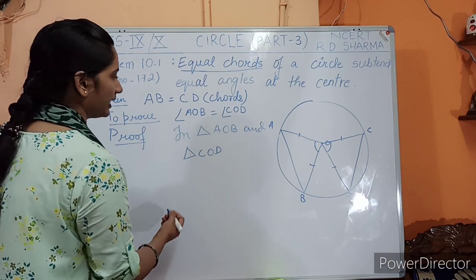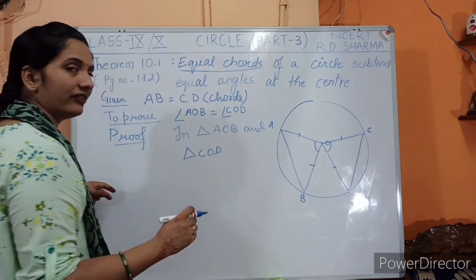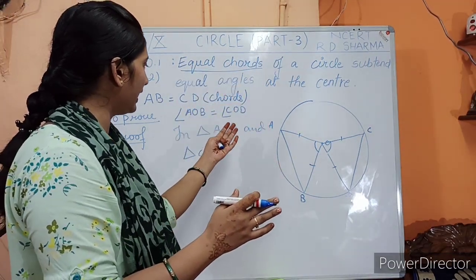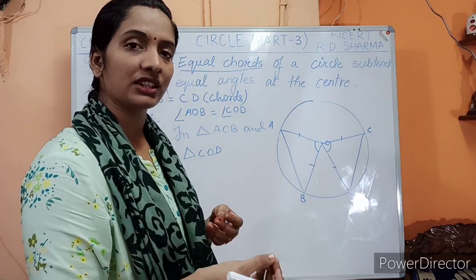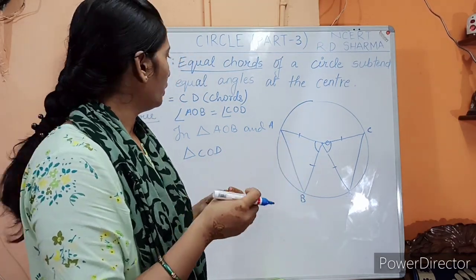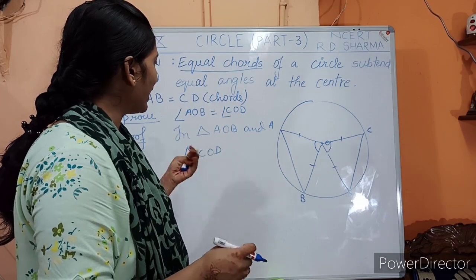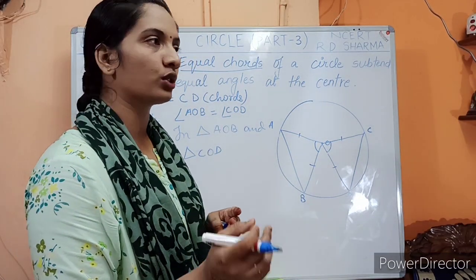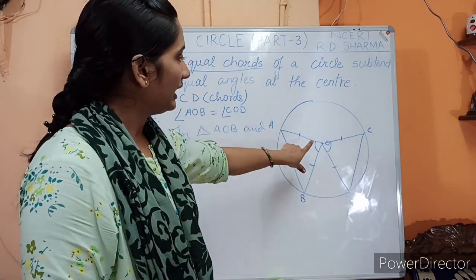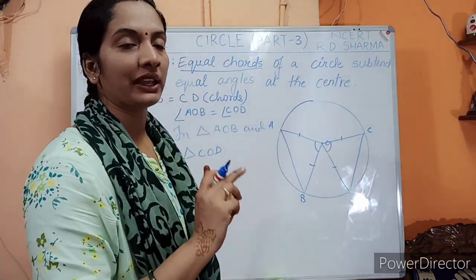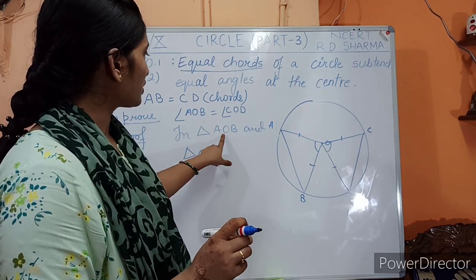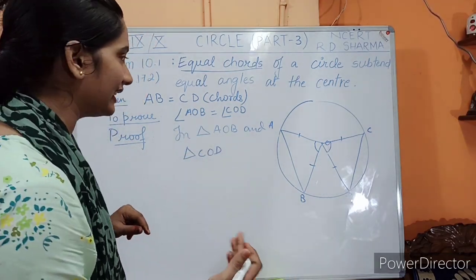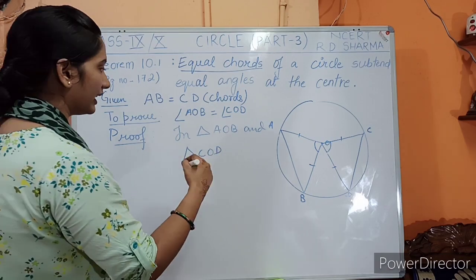Let us check what is given here. The main idea behind these two triangles, why we have taken them: we want to prove that these two triangles are congruent. If we prove these two triangles congruent, then by CPCT we can show that these two angles must be equal. That is why we have chosen these two triangles, and let us see how to prove that they are congruent.